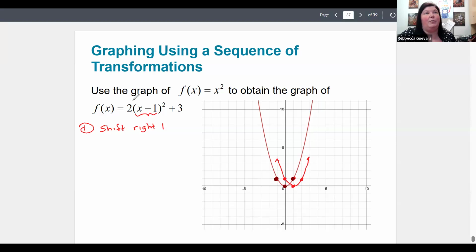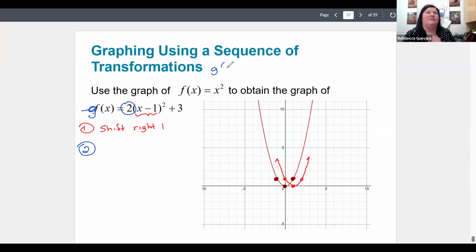Then we want to deal with multiplication. So my second part is I'm going to deal with this here. This is directly outside of the parentheses, so it's outside of your f of x. If you want to, we can rewrite this. We should call this g of x.